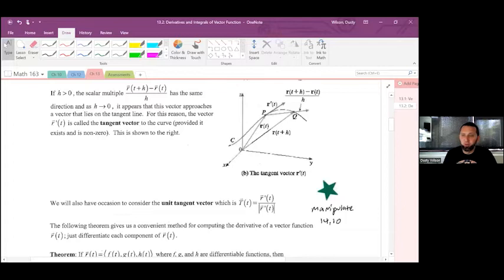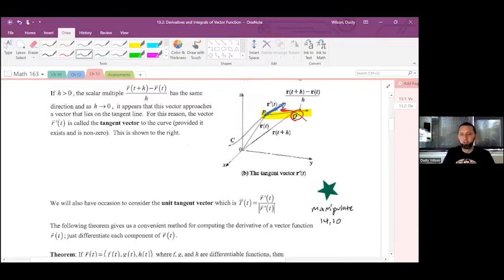This is shown on the right. So here's that same tangent vector, but you can see that as this point Q moves toward P, which is to say that h approaches 0, then our secant is going to approach some tangent vector r prime of t.